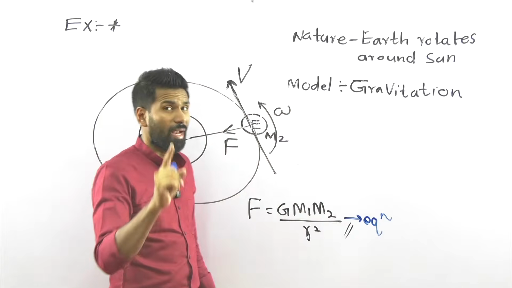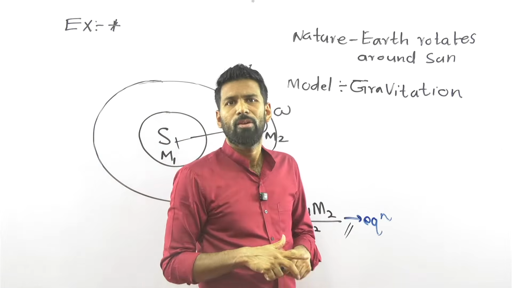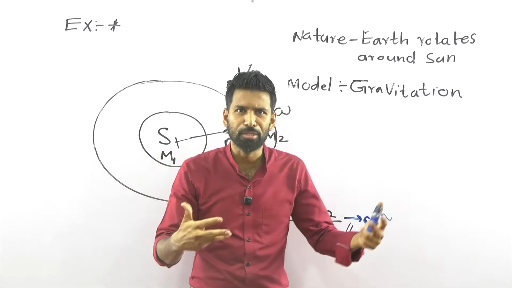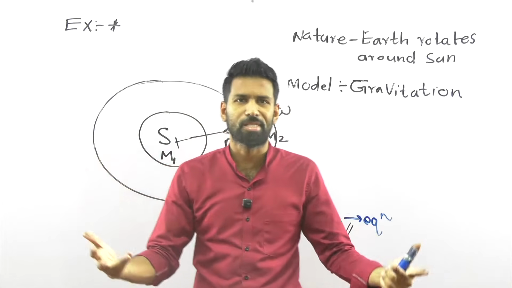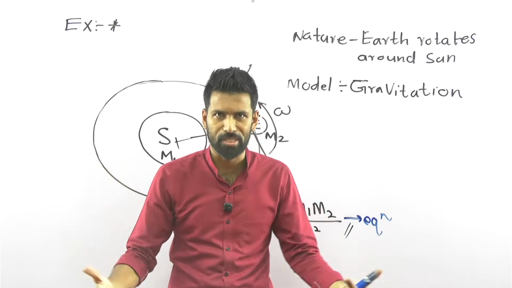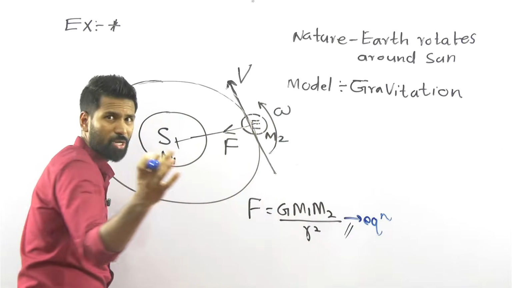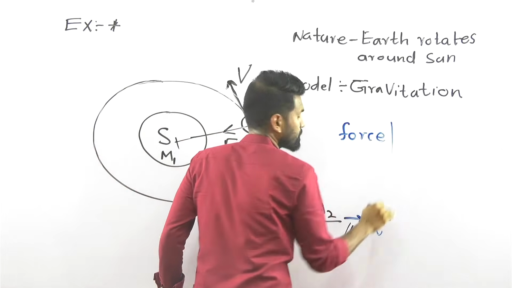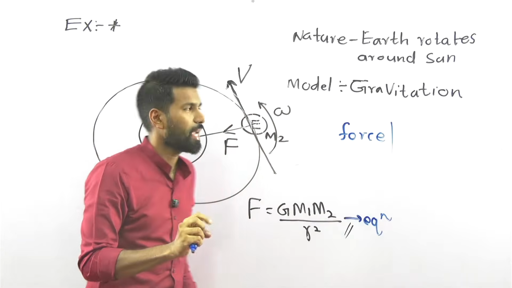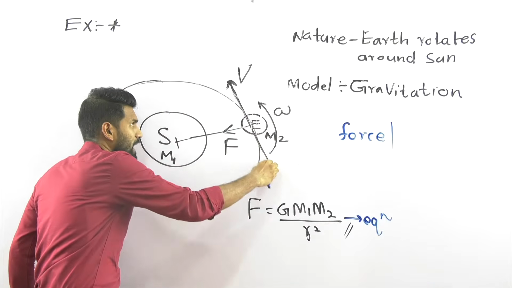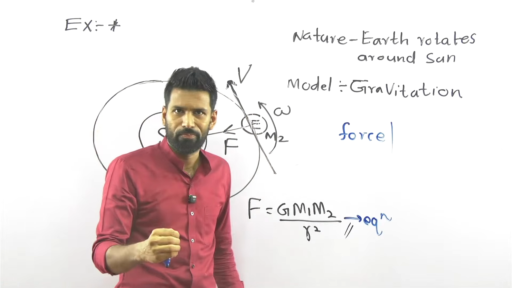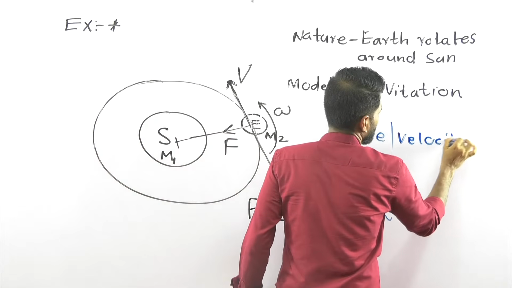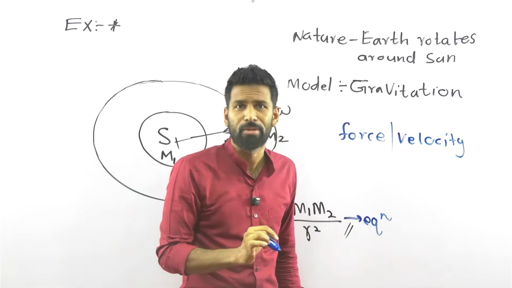And the most important thing: when I'm explaining these things to you, I'm using some words. Force. I told you there's a gravitational force, so I'm using the word force. Then I told you that there's a tangential velocity, so I have used the word velocity.